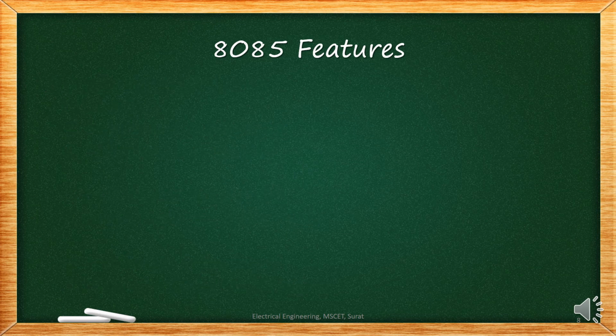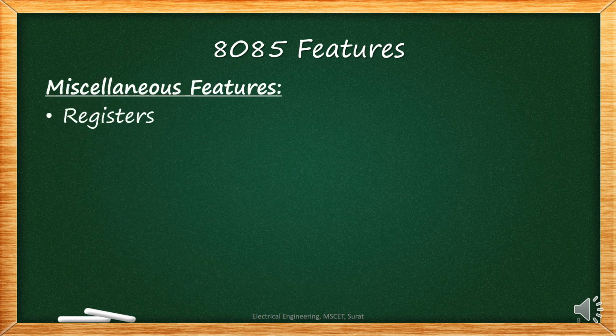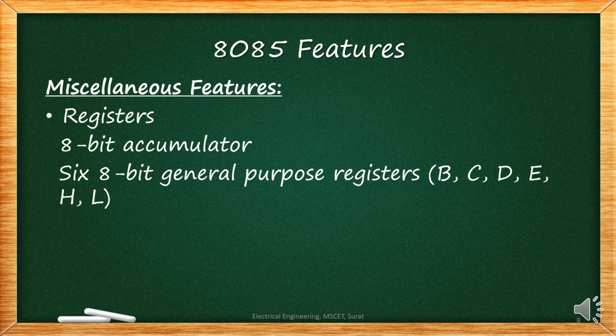Now registers. It has an 8-bit accumulator. There are another 6 8-bit registers, which are called general purpose registers, and they are B, C, D, E, H, L. We can use them in pairs also: BC in one pair, DE in one pair, and HL in one pair.